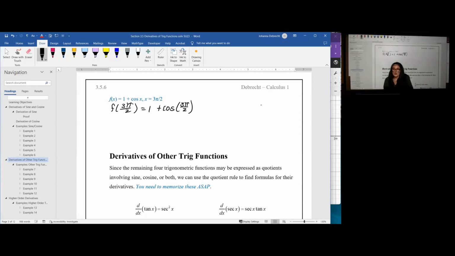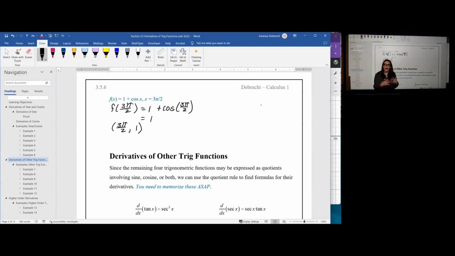But cosine is 0 at all odd multiples of pi over 2, and that means that this is 0. So we get the y value of 1. And this gives us the ordered pair 3 pi over 2, comma 1.